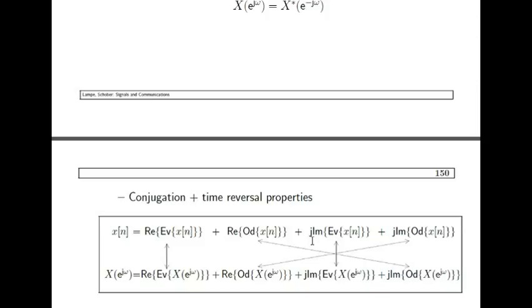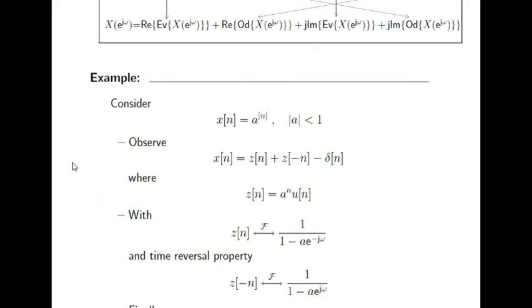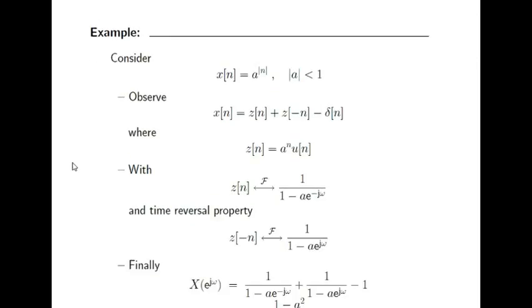Now let's see one example. We are considering x of n equal to a to the power mod n, where mod a is less than 1. I have considered x of n as z of n plus z of minus n minus delta of n, where z of n is a to the power n u of n.